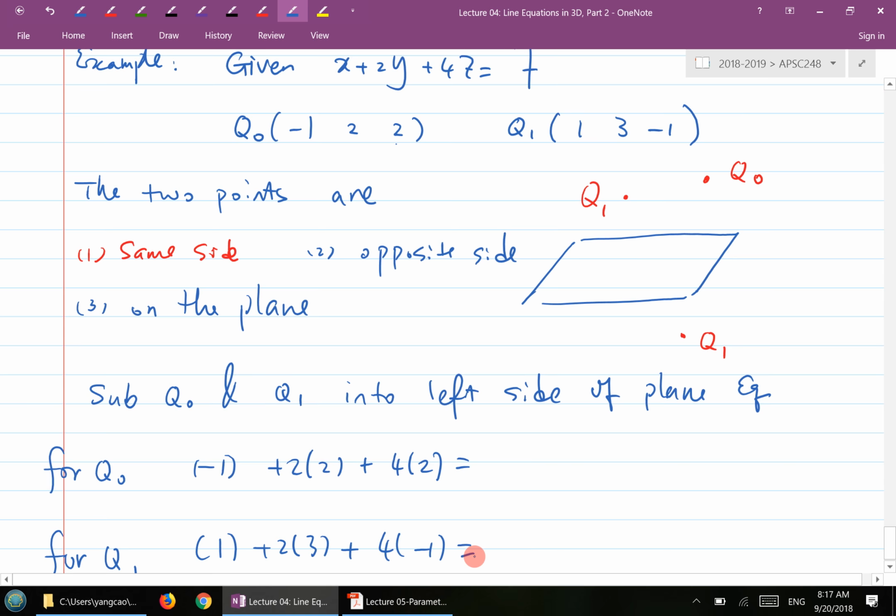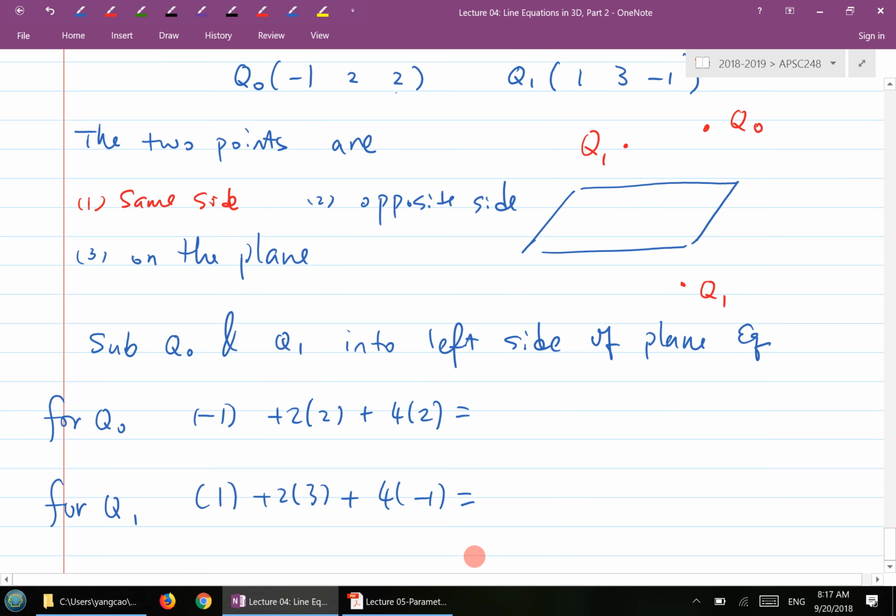All right. Okay. Let's do a little bit of calculation. -1 plus 4 plus 8, 12 minus 1, 11. 1 plus 6, 7, 7 minus 4, 3. So that's what you get for the left side if you substitute into the plane equation for Q0 and Q1.